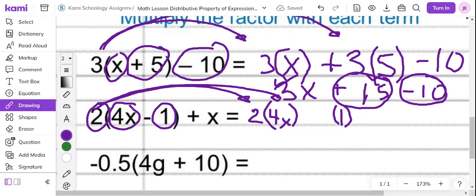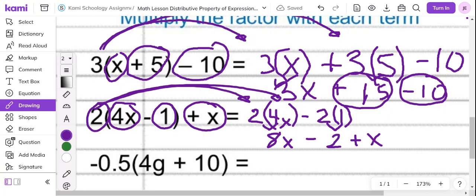So we got 2 times 4x, and then 2 times 1. And the subtraction in the middle can stay subtraction in the middle after we rewrite it. So 2 times 4x will give us 8x, and then 2 times 1 will give us 2. And this term is by itself. It doesn't get multiplied. We just move it down and rewrite it within the expression.